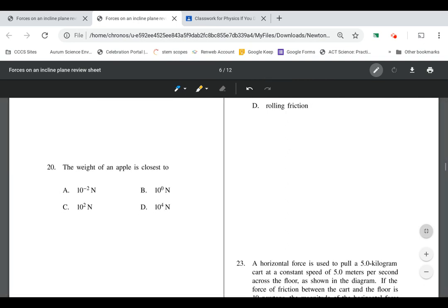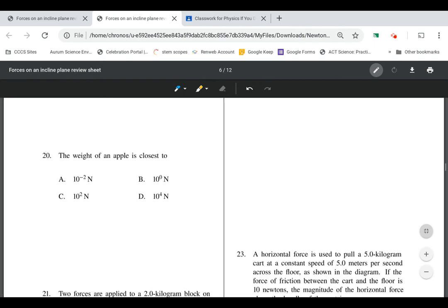Number 20, the weight of an apple is closest to... okay. A is 0.01 Newton, B is 1 Newton, C is 100 Newtons, and D is 10,000 Newtons.